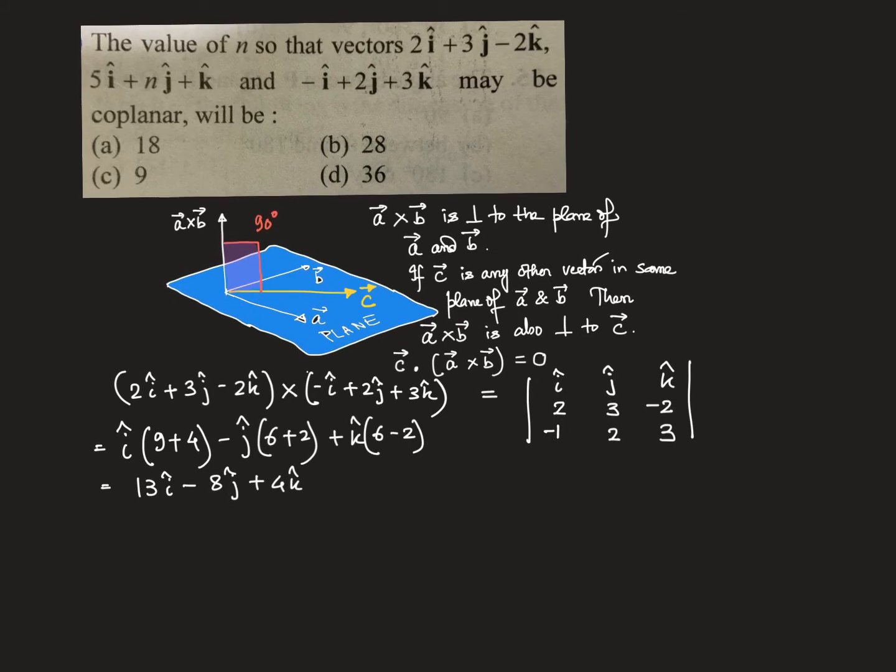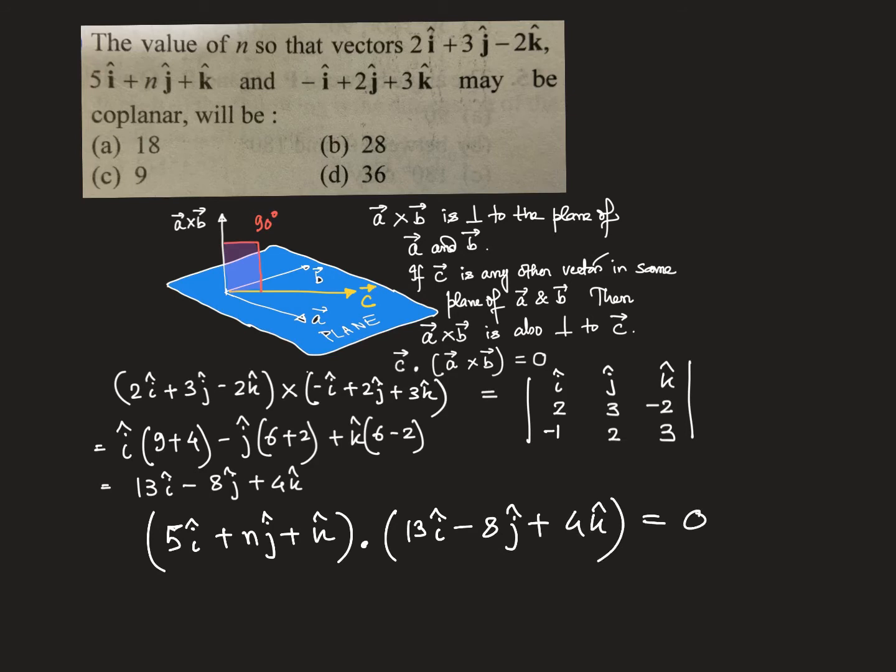Now therefore 5 i cap plus n j cap plus k cap dot 13 i cap minus 8 j cap plus 4 k cap is equal to 0. So what do you get? 13 into 5 minus 8 into n plus 4 into 1 is equal to 0.